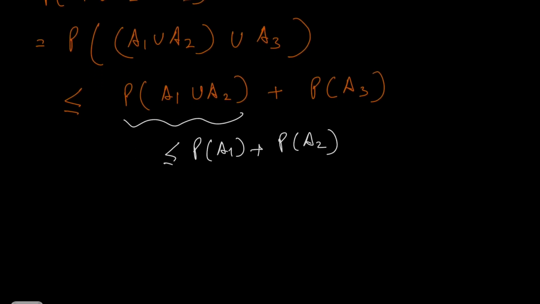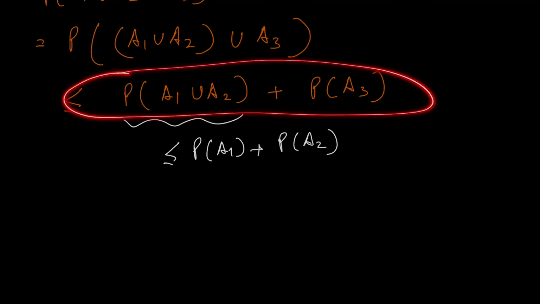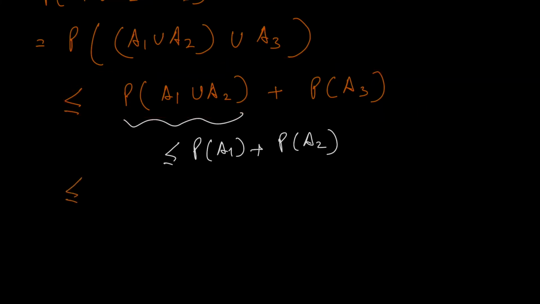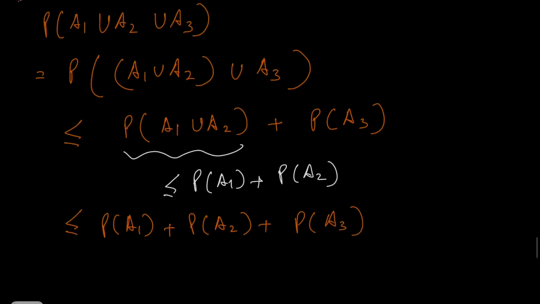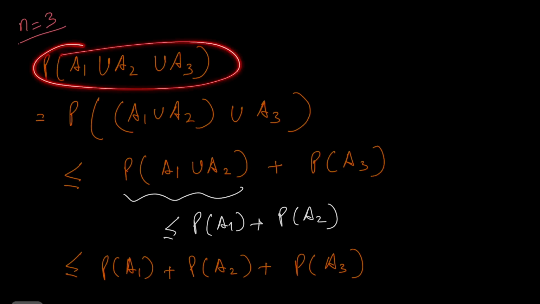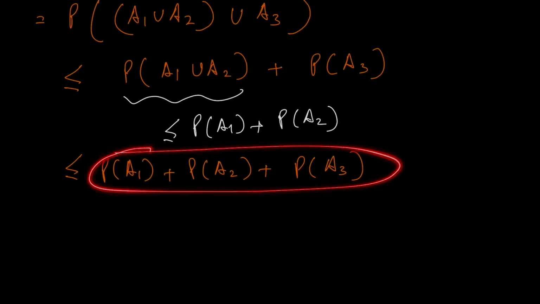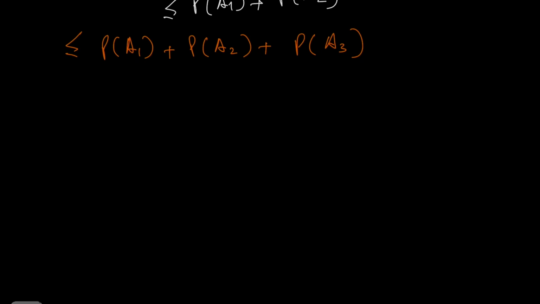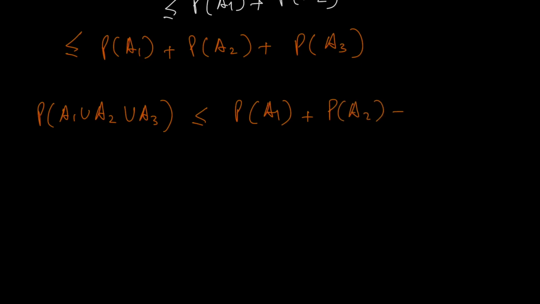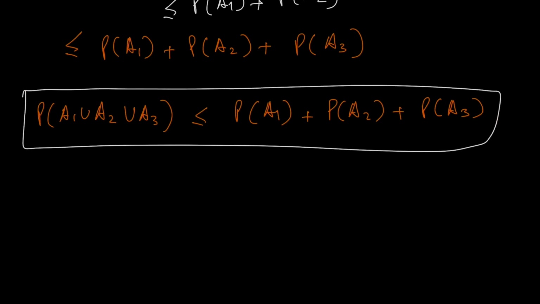Then this entire thing is further less than or equal to P of A1 plus P of A2 plus P of A3. So we can write P of A1 union A2 union A3 is less than or equal to P of A1 plus P of A2 plus P of A3. That is, Boole's inequality holds for n equal to 3 as well.